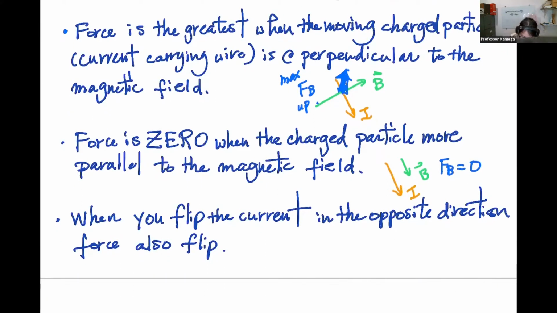And then if you flip the direction of the current, I, and the magnetic field is this way, looks different.